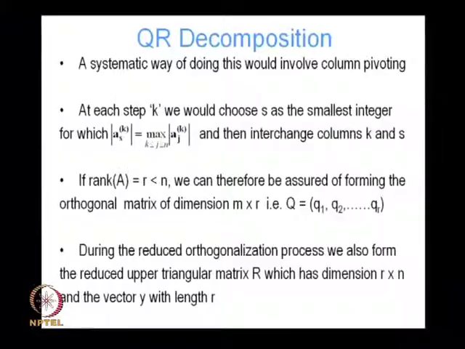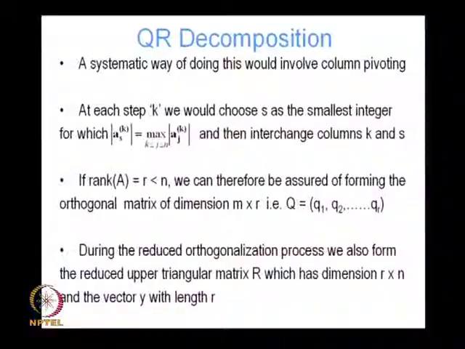So, if the rank of A is R, which is less than n, we can be assured of forming the orthogonal matrix of dimension m by r, that is Q is equal to q1, q2 through qr. Since A has rank R, we can form R orthogonal vectors, and Q is of size m by r.